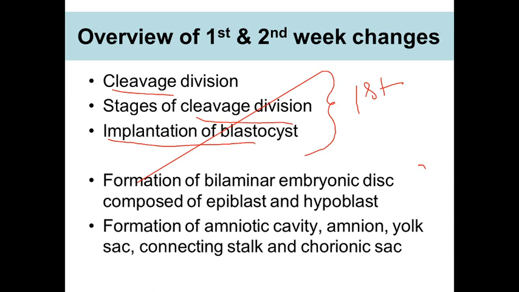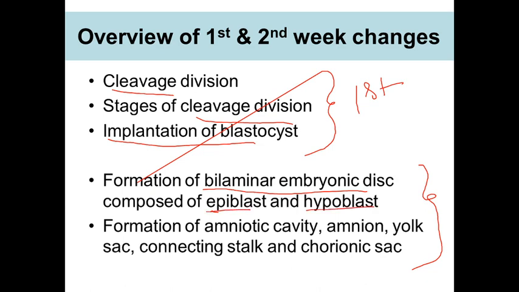During the second week of the development, once the blastocyst is implanted into the uterine wall, we see the formation of the bilaminar embryonic disc, which is composed of epiblast and hypoblast.